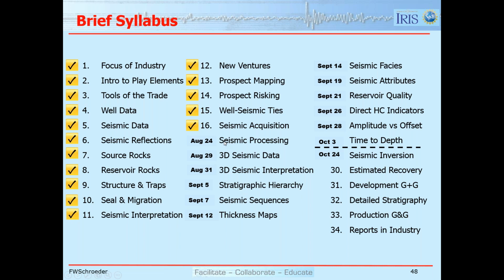The vibrators will sweep either high to low frequency or low to high. And so it's not a single event, it's a series of shaking with different frequencies. And that's why we have to do the step that I mentioned, correlation, to replicate what it would have looked like if it was a single impulse like an explosion.